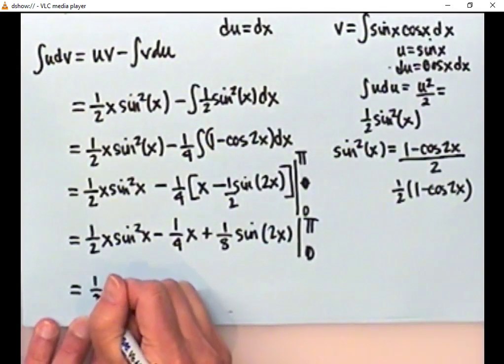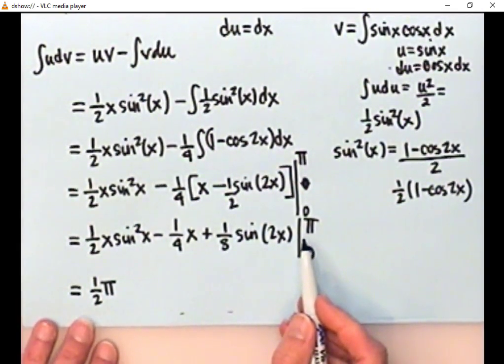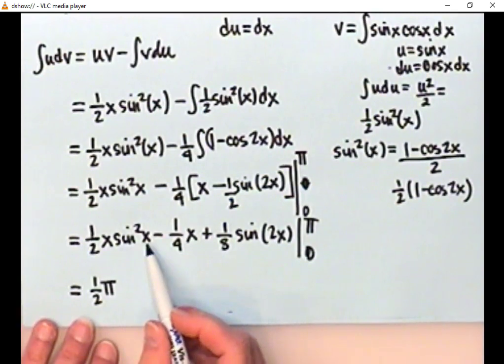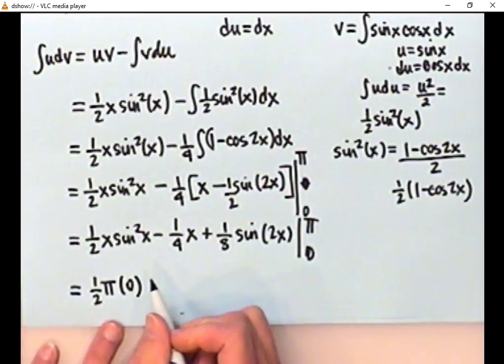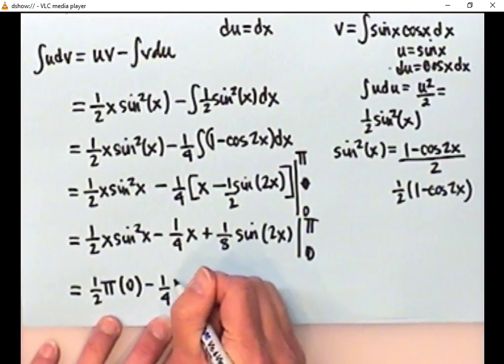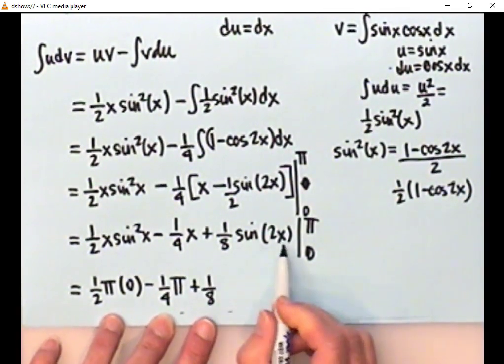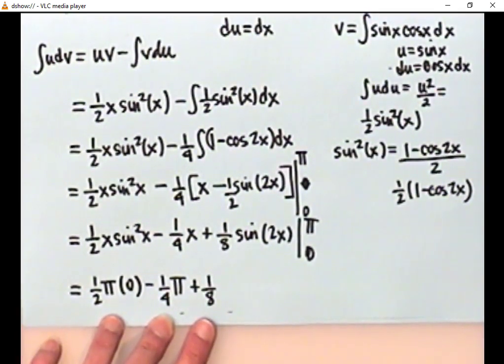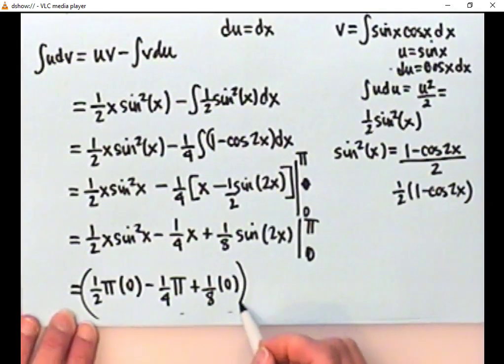So this will be 1/2 pi. What's the sine at pi? If I plug it in here, sine of pi is 0, so luckily that's all 0. Then minus 1/4 pi plus 1/8. What's the sine at 2 pi? Also 0. I like it.